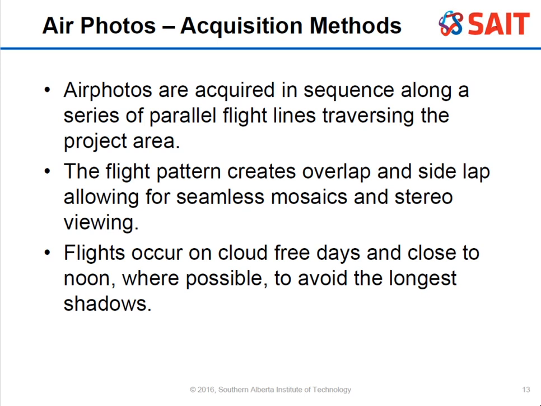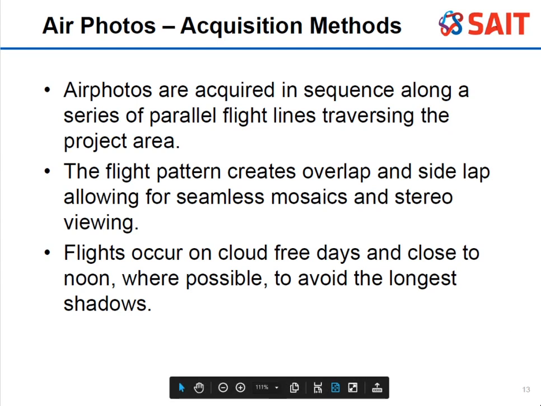So we have an overlap of the images, and then we call something a side lap, which is that parallel line. One direction versus the other is going to have that side lap. And because it creates a carpet or a quilt of all these different images, we can put them together into one big image, and we can also use it for stereo viewing.